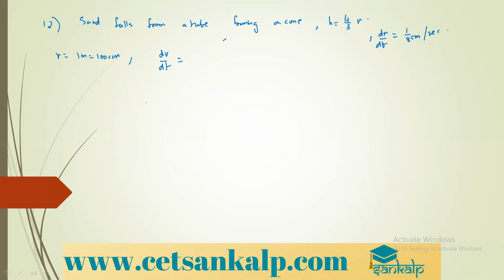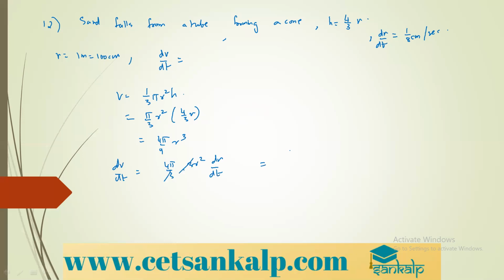So because the sand is falling like a cone, volume is 1 by 3 pi r square h. But in place of h, I will put 4 by 3 r. So 4 pi by 9 r cube. dV by dt will be 4 pi by 9 into 3r square dr by dt.